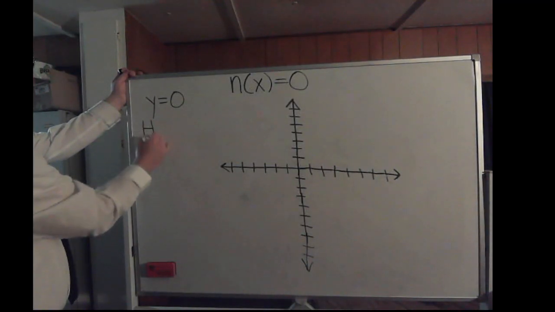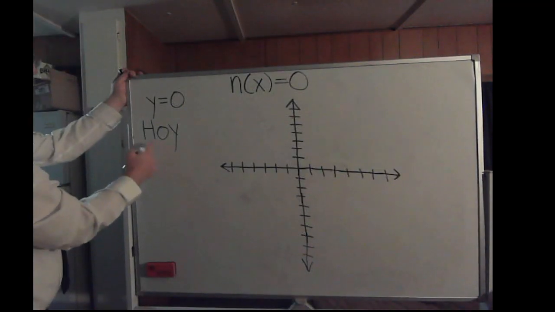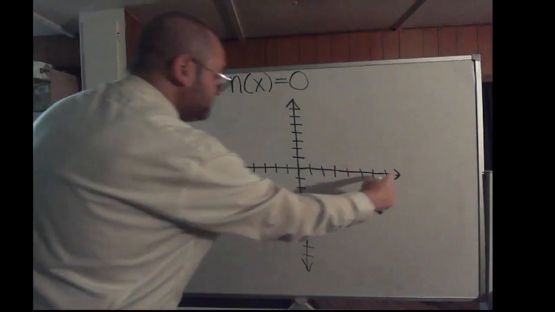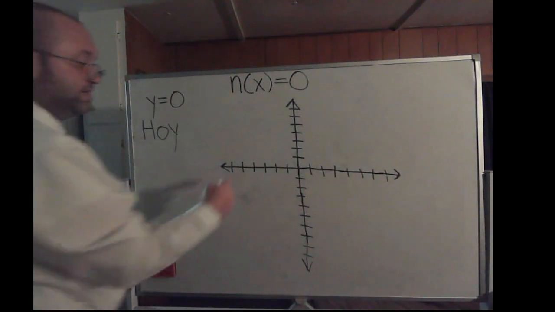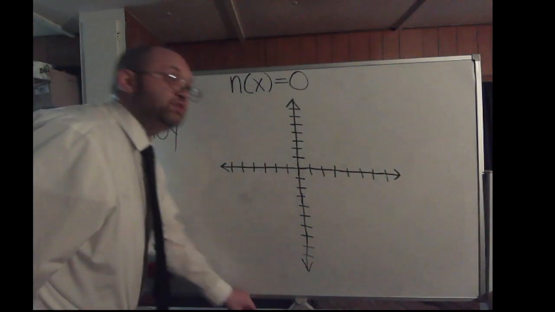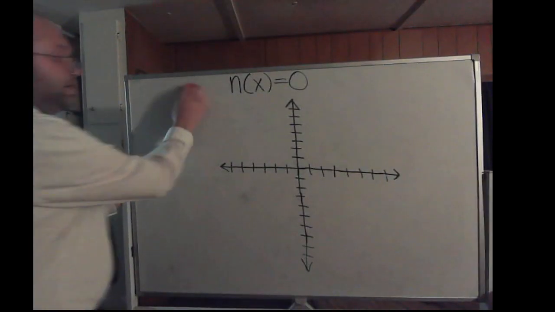Remember the Vux Hoy, we have Hoy again. Y equals 0 slope horizontal line. You'll have a horizontal line straight through y equals 0, or in this case, it's the entire x-axis. I don't even need to draw that because the entire x-axis will be the graph of this one. So it'd be a straight horizontal line through y equals 0.